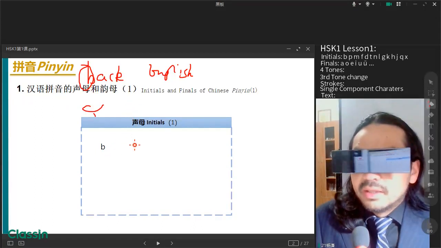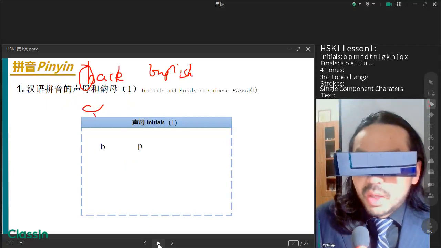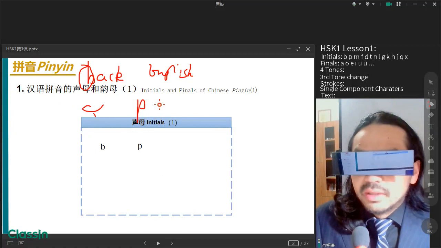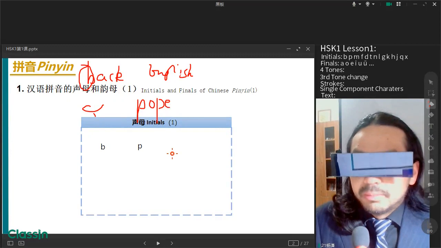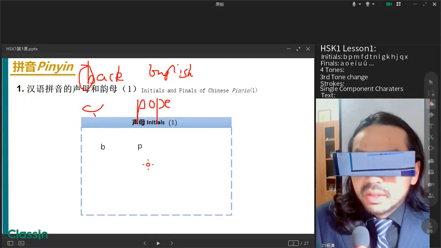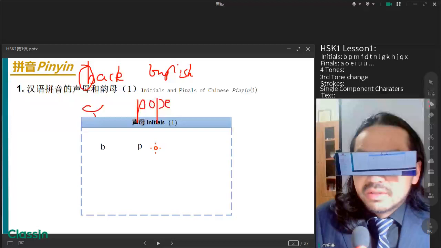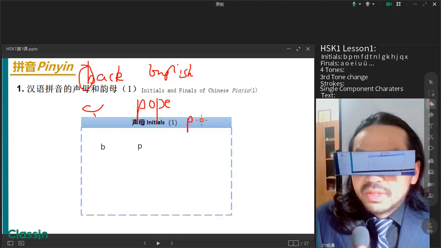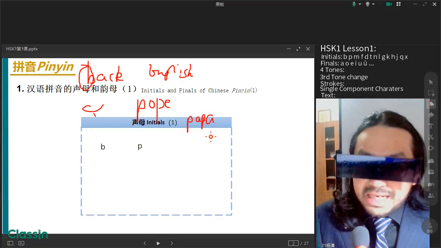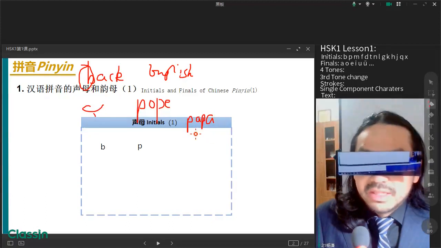And the second one is po, just like in the word pope. For some speakers, I know they might read this one as papa, or some of you might read this as baba.